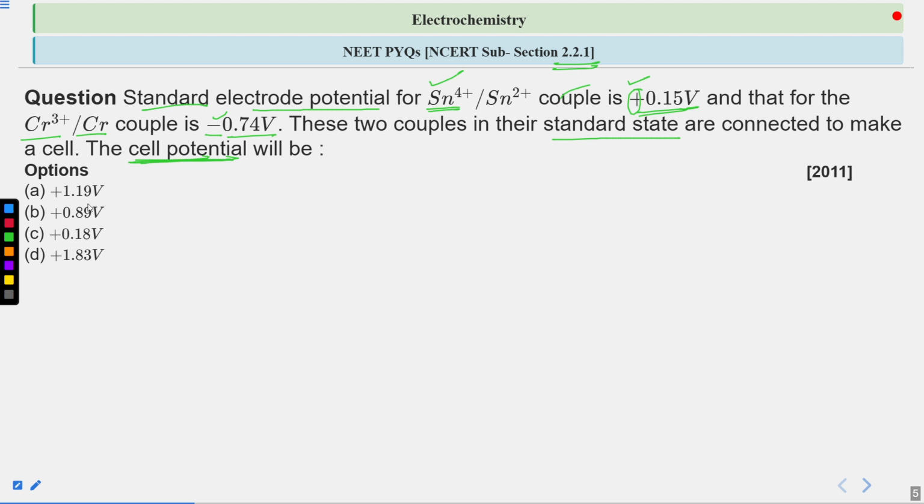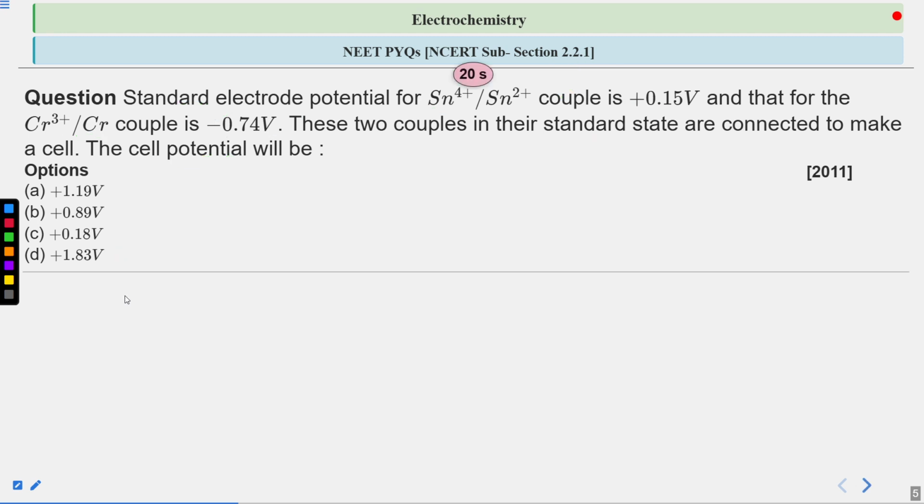The 4 choices given for this question are positive 1.19 volt, positive 0.89 volt, positive 0.18 volt, or positive 1.83 volt.